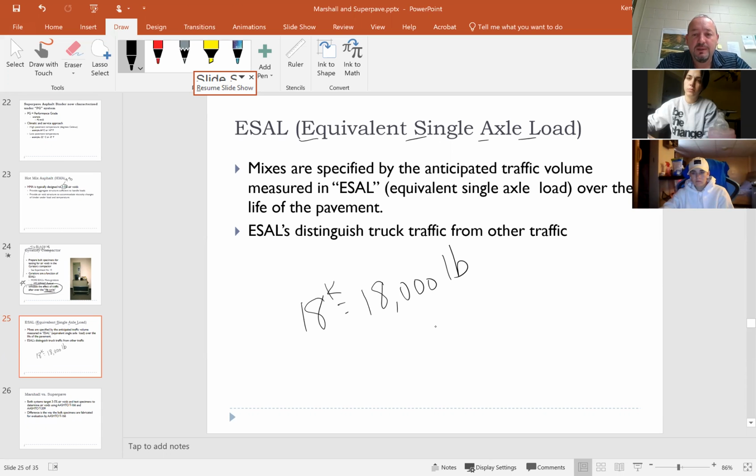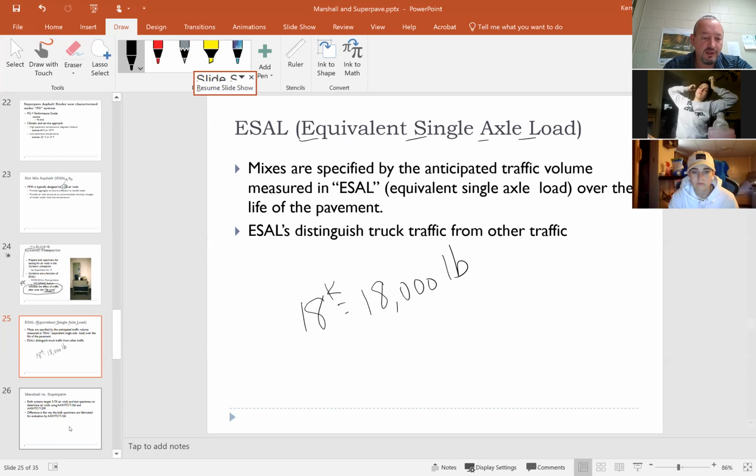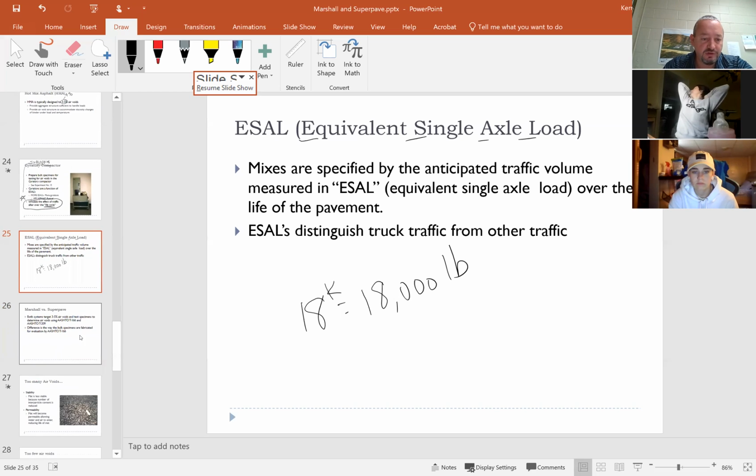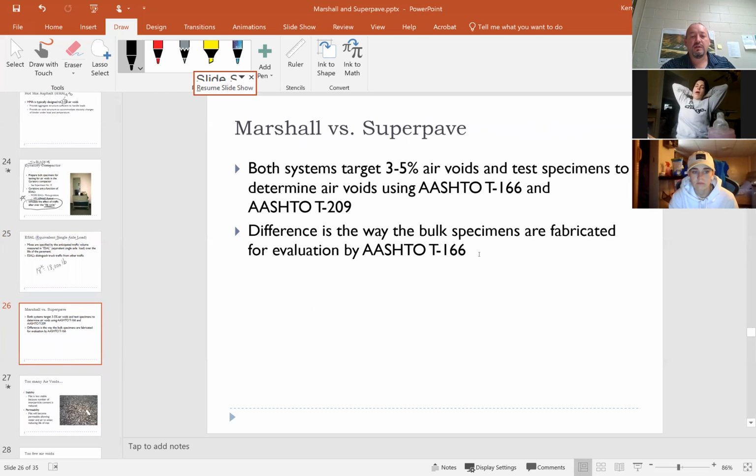So what we want to do is estimate, and we'll go through, whether we get to it today or next Wednesday, at least the fundamental things of starting to design that pavement matrix, that thickness, and different types of the asphalt even that you would want to use based on that heavy truck traffic, or the ESAL, the equivalent single axle loads, because just passenger cars and trucks have very little effect on it.